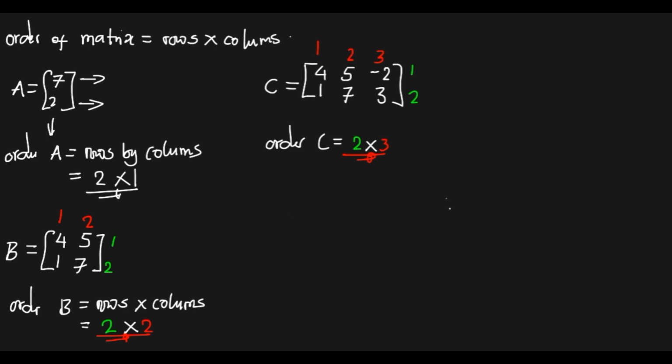Now after knowing the order of a matrix, let's look at how we can find the position of a number in a given matrix. So we have this matrix. Let's first begin by giving the order of this matrix.